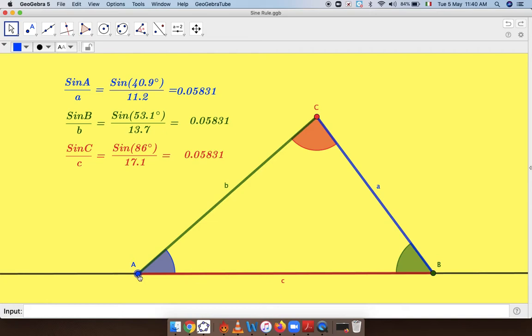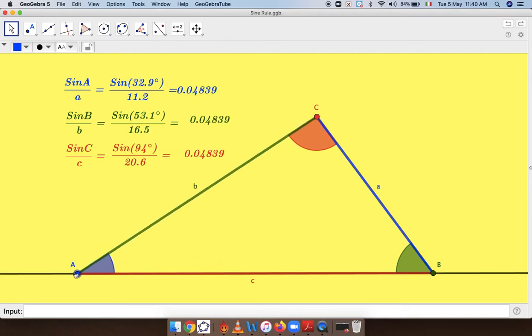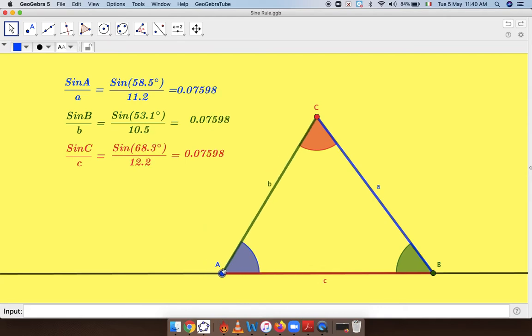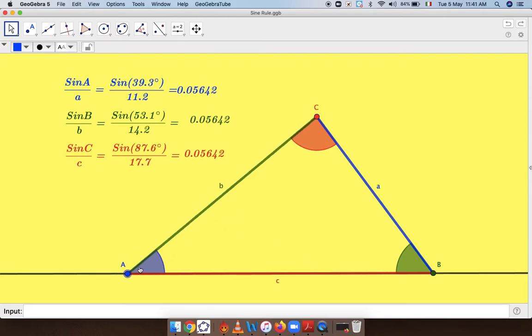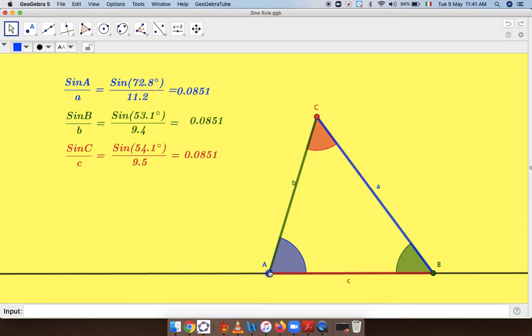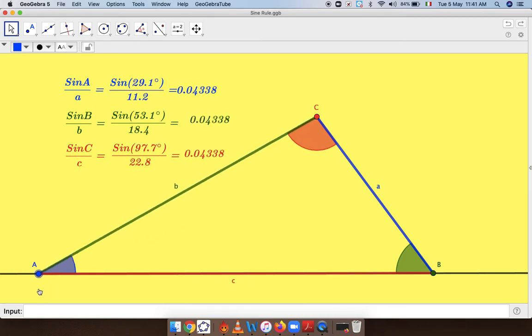If I keep moving vertex A, I'm also noticing some changes in B. Of course, angle B is not changing. Angle B is staying fixed. That's not moving like angle A is. But as I change angle A, side length b changes. Side length b is much shorter here. Over here, it's much longer.